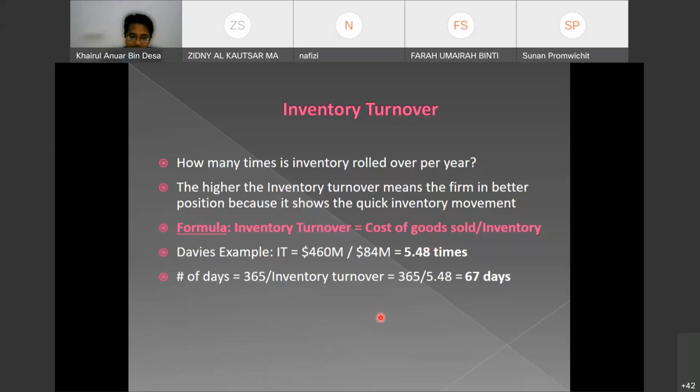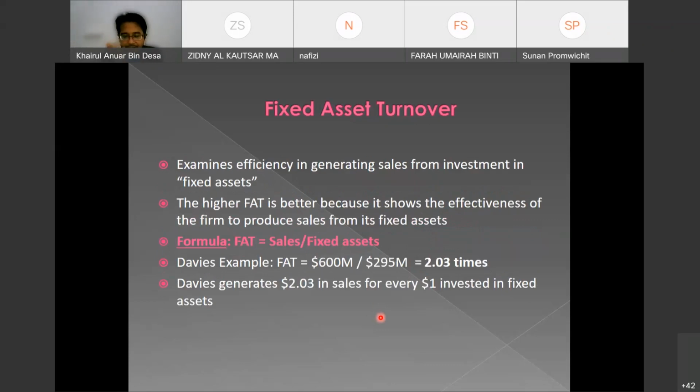Okay, now we move to the fixed asset turnover. Just now we were talking about the current asset. Now is the fixed asset turnover. Fixed asset means long-term asset. Long-term means more than 1 year. Ingat kalau you dengar apa yang saya cakap, saya akan ulang banyak kali, supaya you boleh ingat, you can understand it, and you can use it in the next chapter.